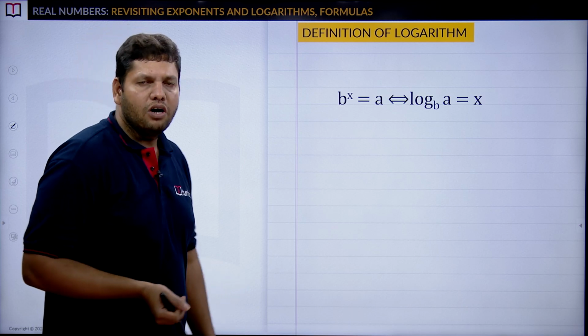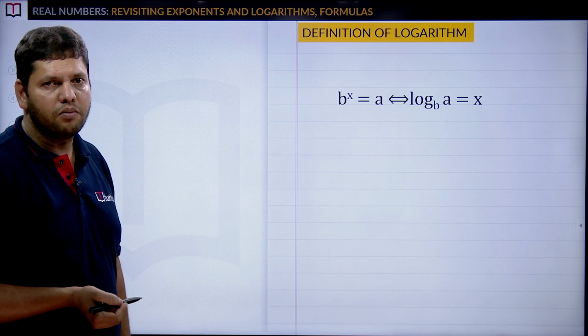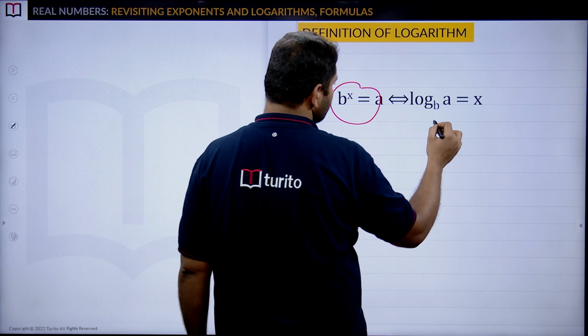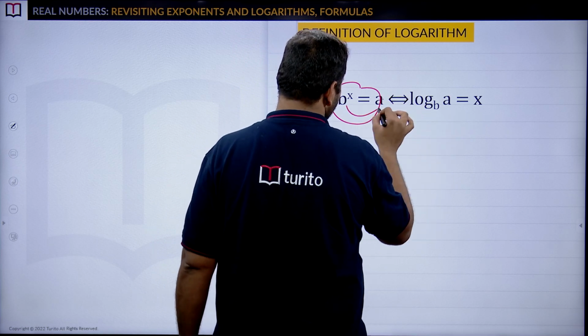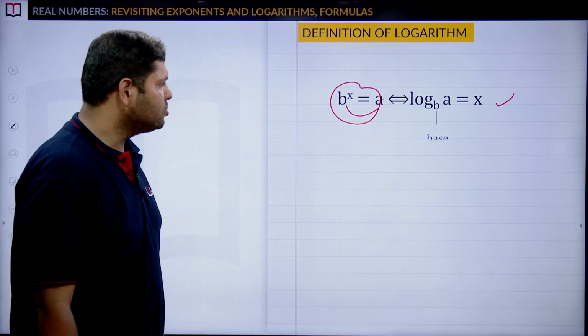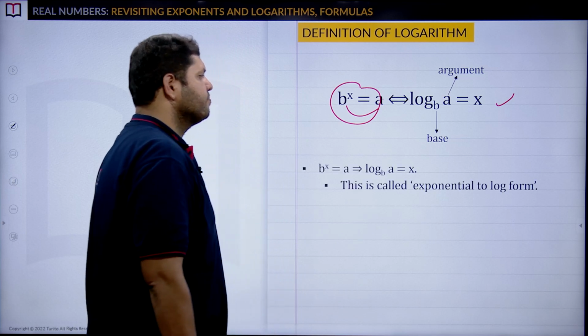Next, children, look at how we are converting exponential form to logarithm form and logarithm form to exponential form. So b to the power of x is equal to a. How can we write it, children? It is log of a with base b is equal to x. So this is logarithm form. Here b is the base and a is the argument.